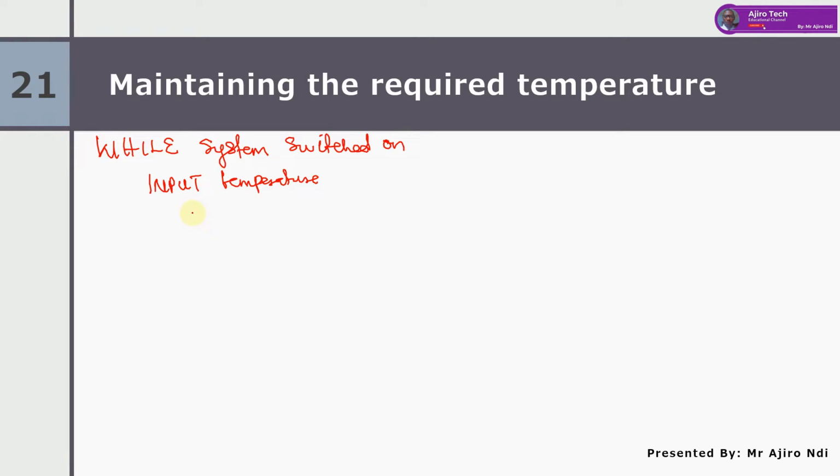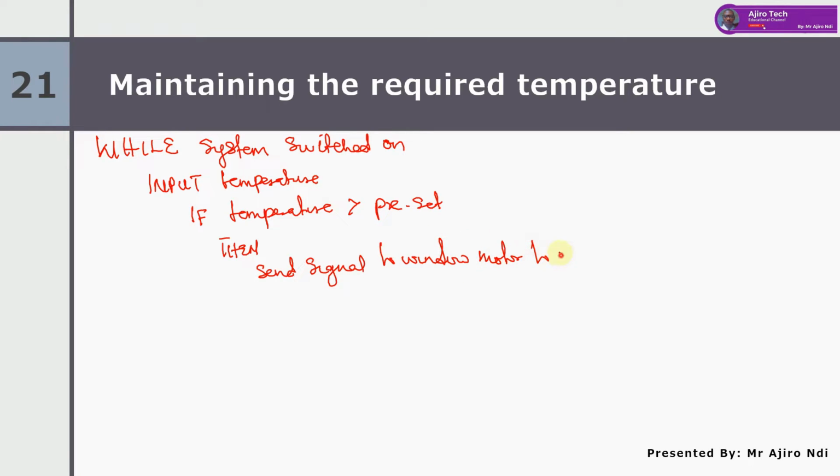The next one is if the temperature is greater than the preset value, then send signal to window motor to open window or leave it open.